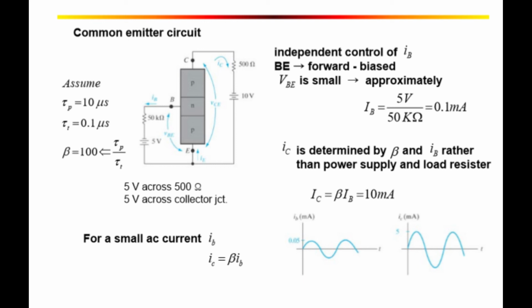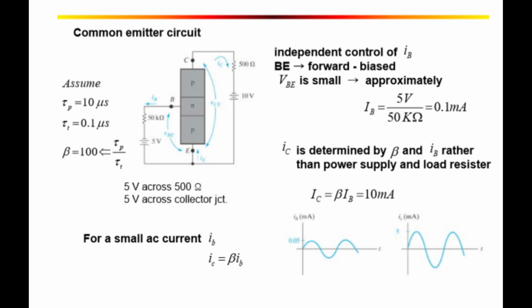Now in figure 7.4, the base current is controlled independently, and this circuit is called the common emitter circuit. That is, the emitter is common to the base and the collector.